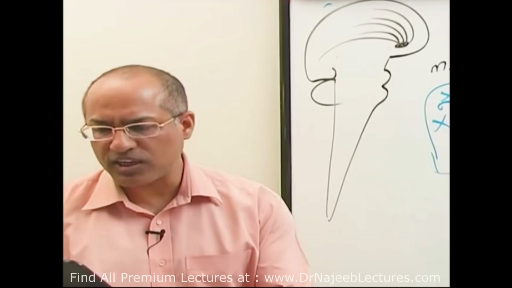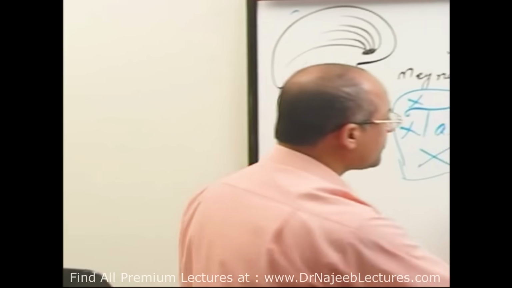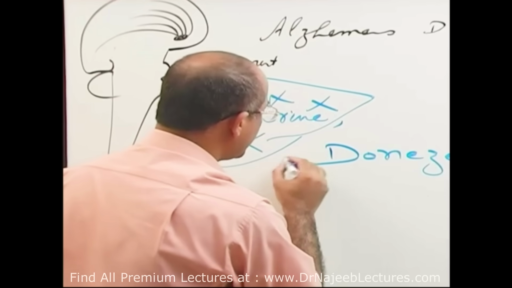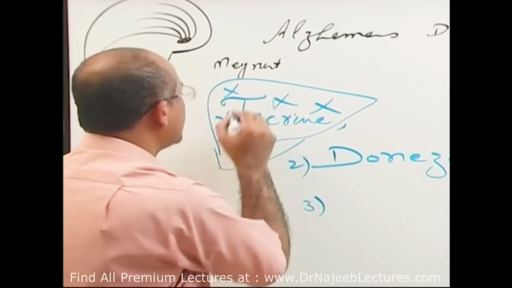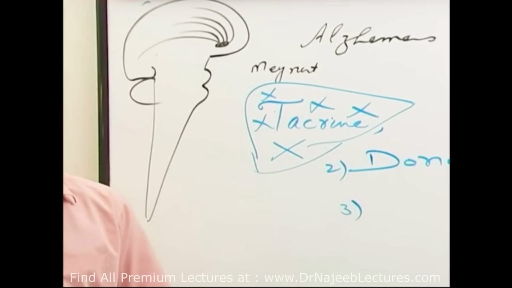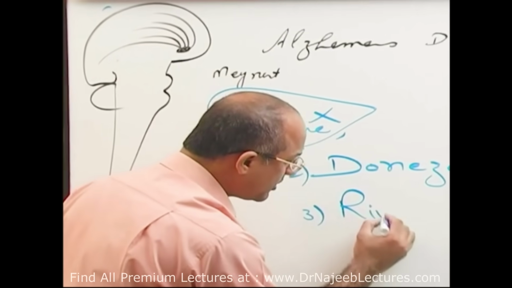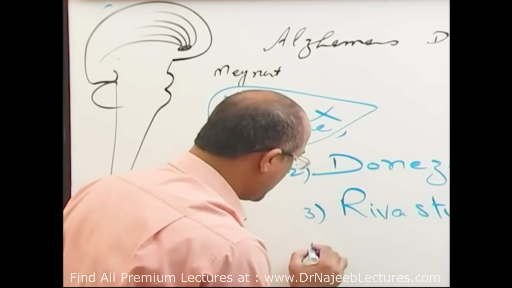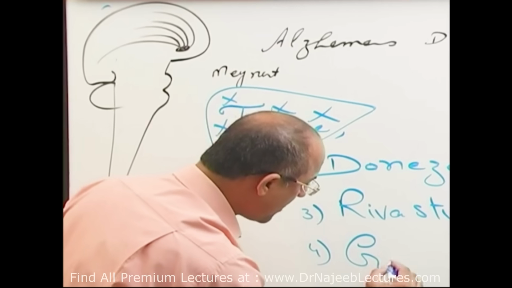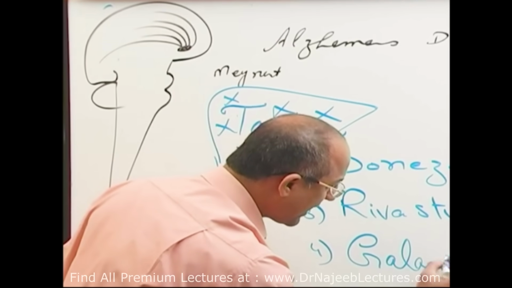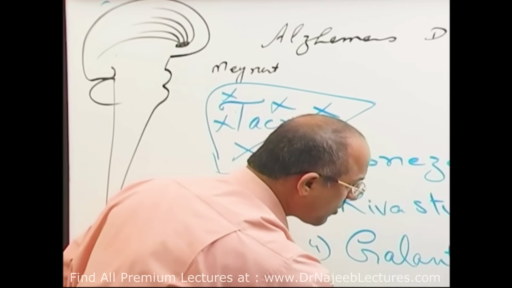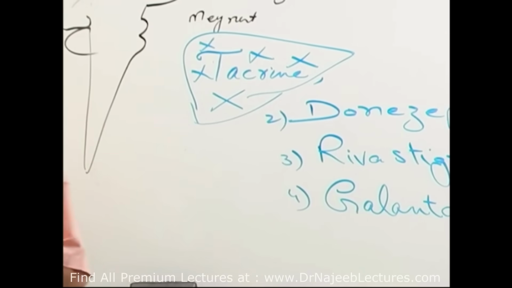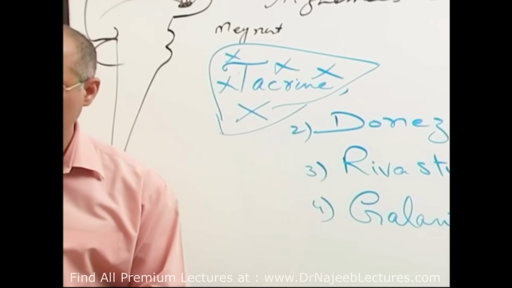The other drugs now available are donepezil, second drug, first was tacrine, and the third drug available, rivastigmine, and one more, galantamine. So these drugs are commonly used in patients with Alzheimer's disease.